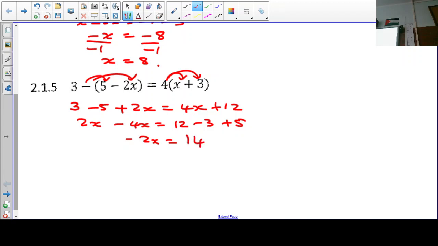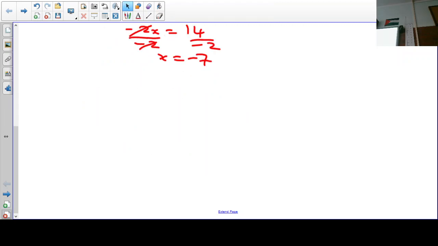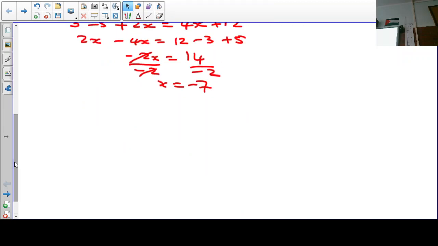Now what? Divide by negative 2 both sides. So x equal to negative 7. Right? Any confusion? No? Still okay? Right? Let's cut this word problem here.